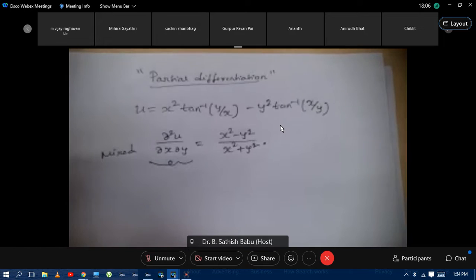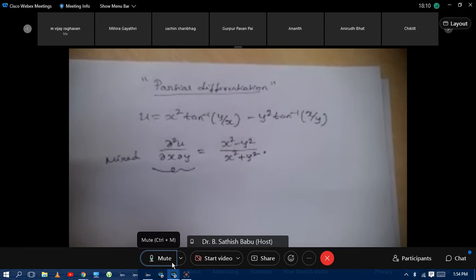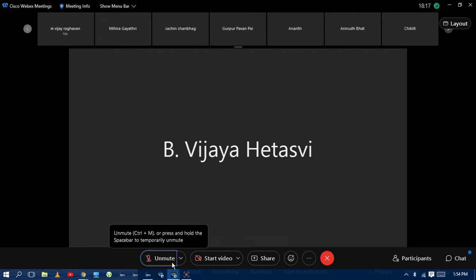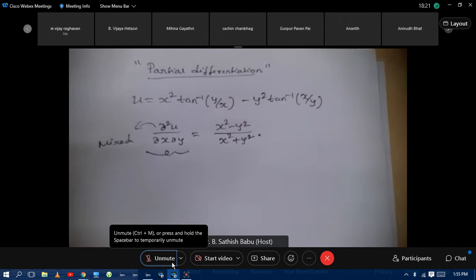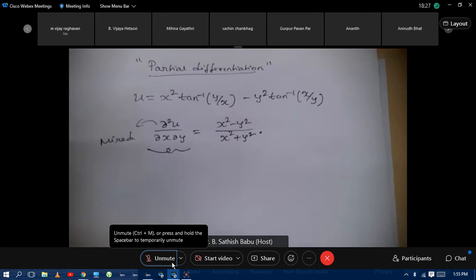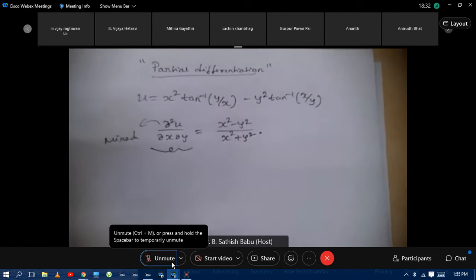Yes, sir. Can we say them as a mixed partial derivative? Do we have to write this? No, you can just concentrate. If you want, you can note down the question and work it out yourself, so that it will be revision for you.